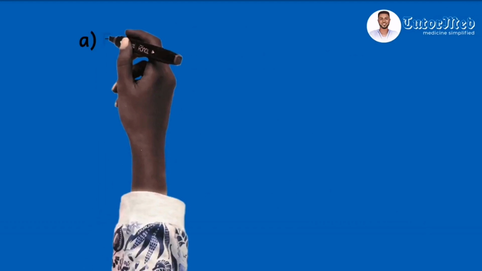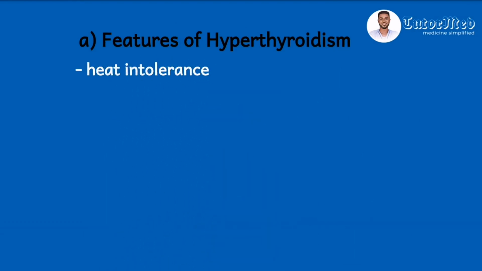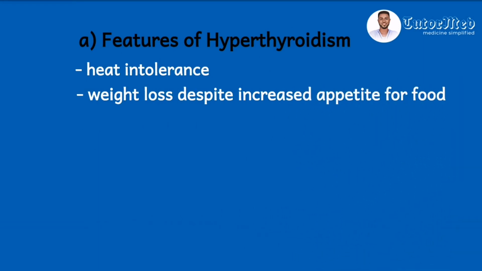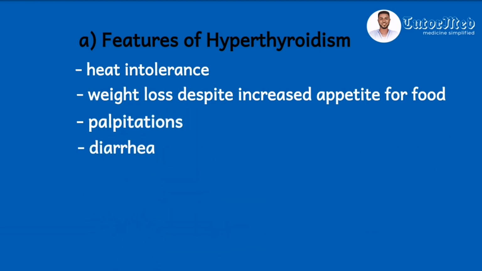And so let's begin with features of hyperthyroidism. And so there will be features like heat intolerance, weight loss despite increased appetite for food. There might be palpitations, diarrhea, excessive sweating or diaphoresis.